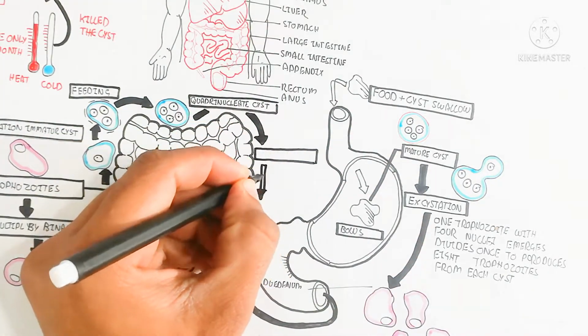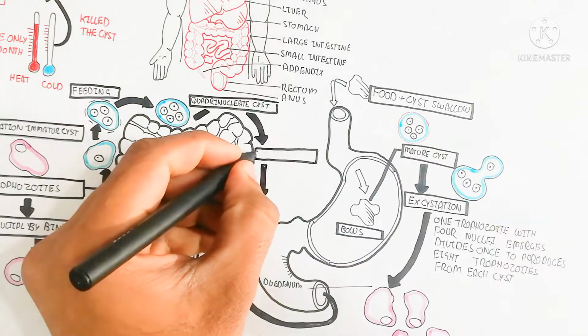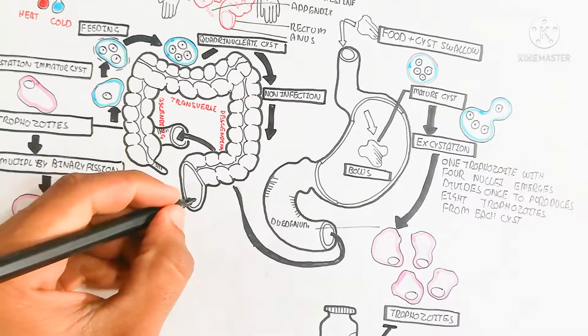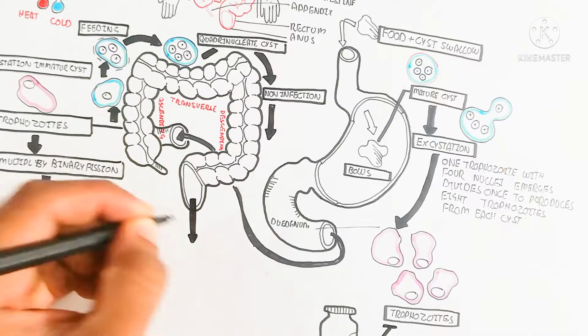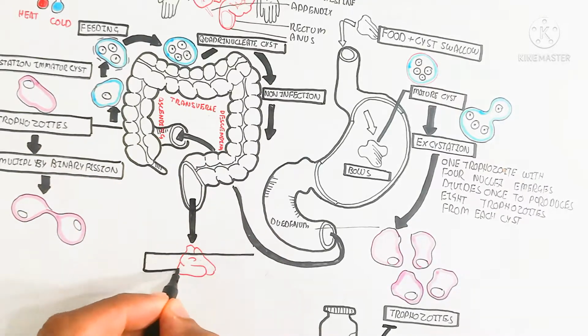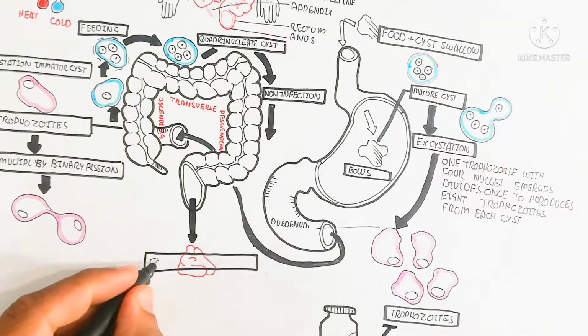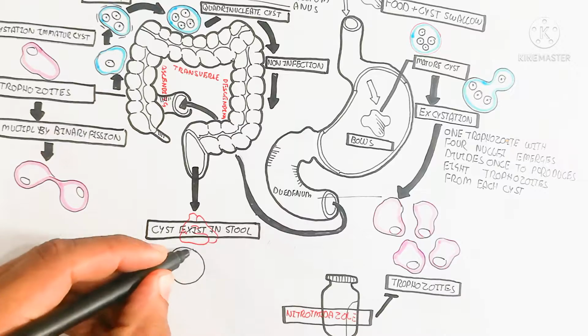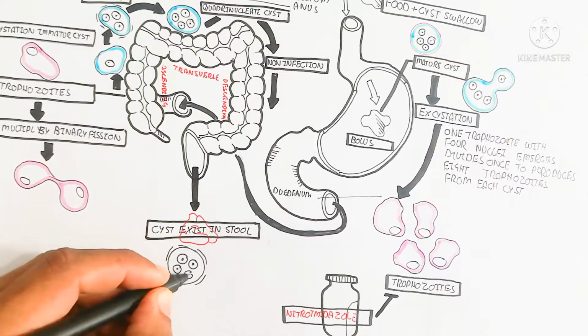We will discuss the mucous membrane next. So the non-infective quadrinucleate cyst moves out in the feces or stool. The cyst exists in stool, and it can survive only a month.